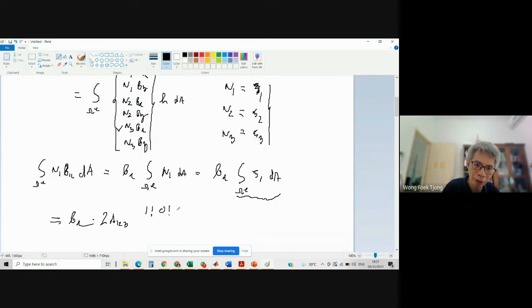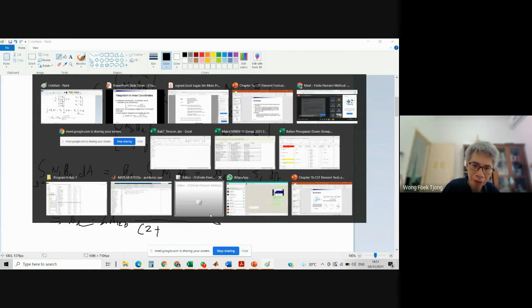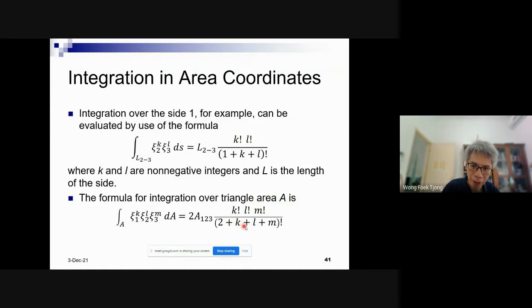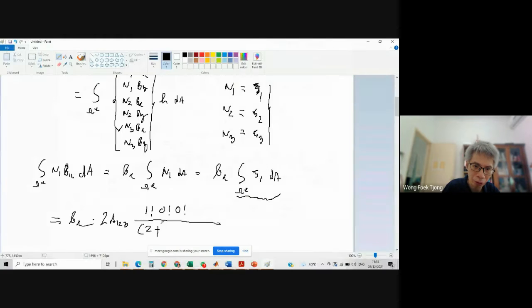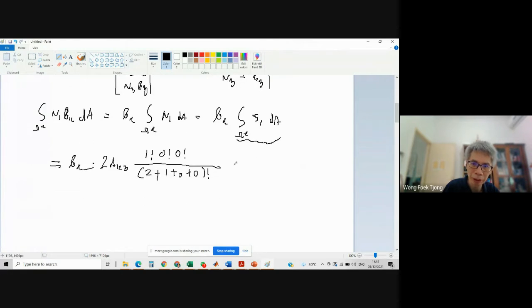So 0 factorial over parenthesis 2 plus, according to this formula, K plus L plus M factorial. So 1 plus 0 factorial. And the result is what? This is equal to 2 area, bx what?